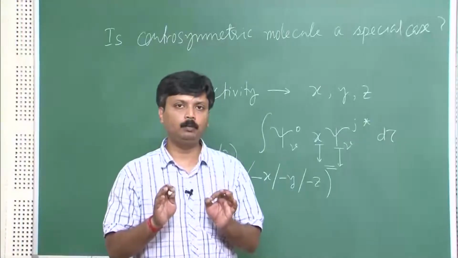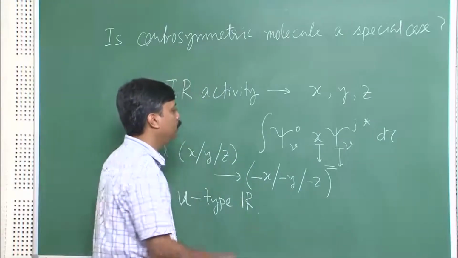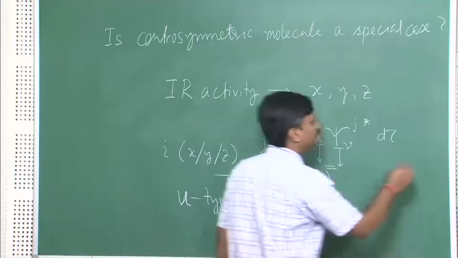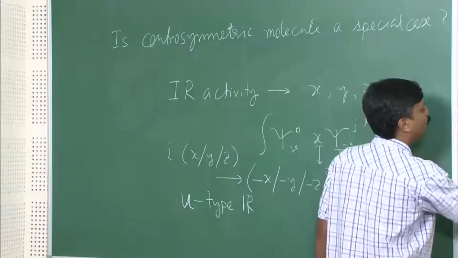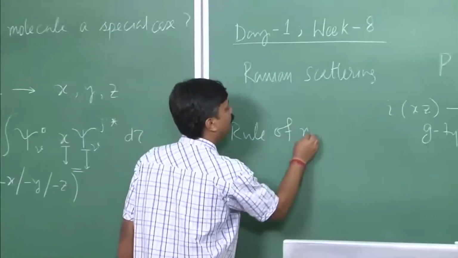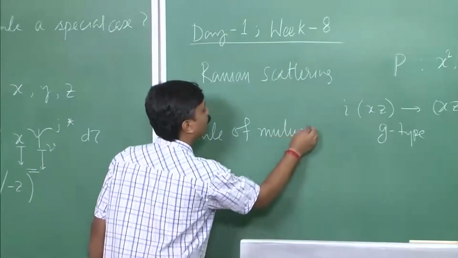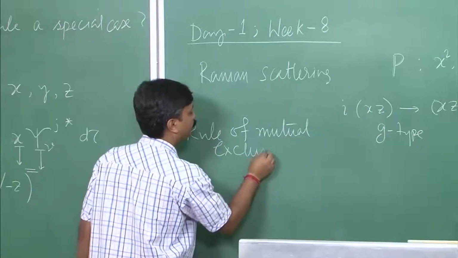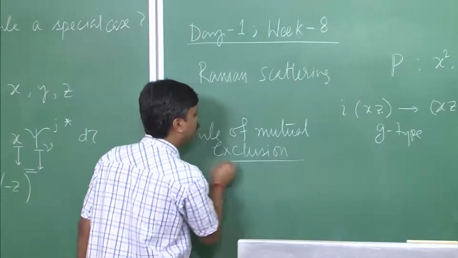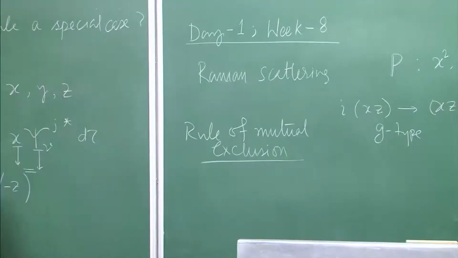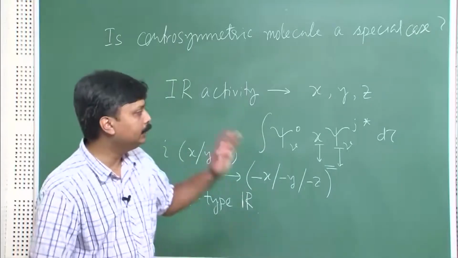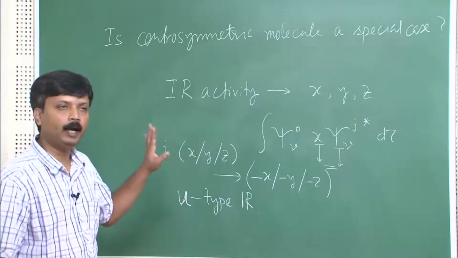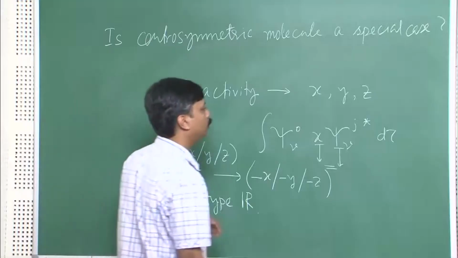So this particular thing is called the rule of mutual exclusion. Many of you must have heard about this rule of mutual exclusion, but here is actually the real logic behind it.